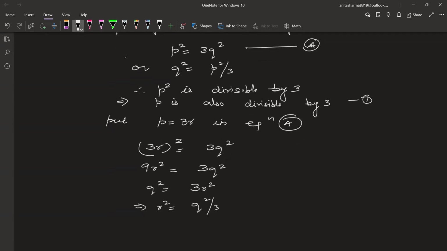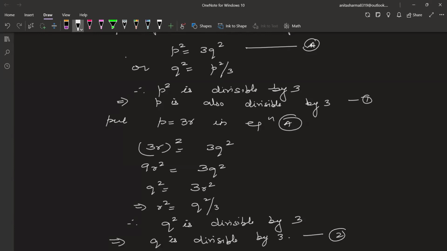Now again, by this equation, we got that Q square is divisible by 3. So if Q square is divisible, it means Q is divisible. So what you have understood from these equation 1 and 2 is that P and Q both have the same common factor 3, because both are divisible by 3.